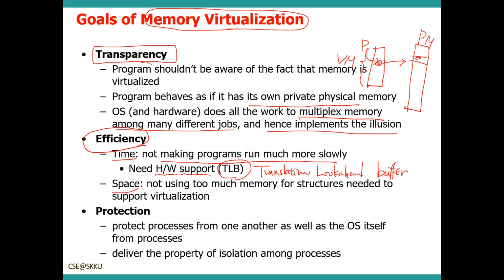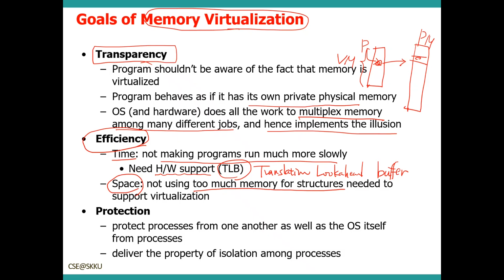And next, space efficiency must be considered. Okay, too much memory for translation structures cannot be used for memory virtualization, so we must optimize the memory space to support memory virtualization.